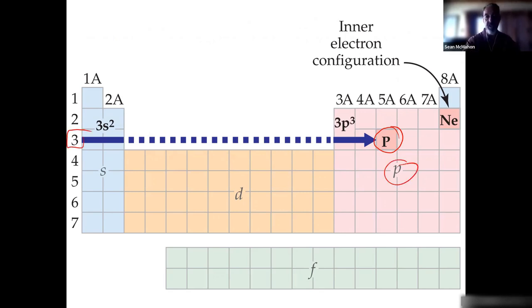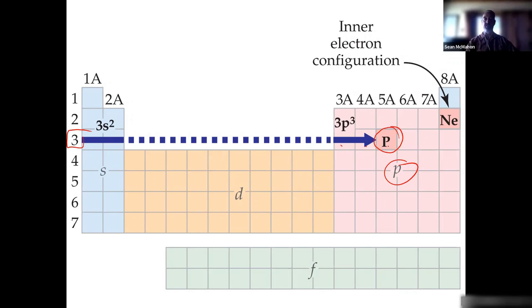It's in my P block, and it's in the position 1, 2, 3. So that means I have 3p3 filled and everything below it, because the 3p3 is the furthest one away from the nucleus. So everything below it is filled.